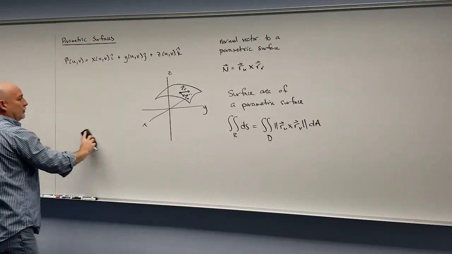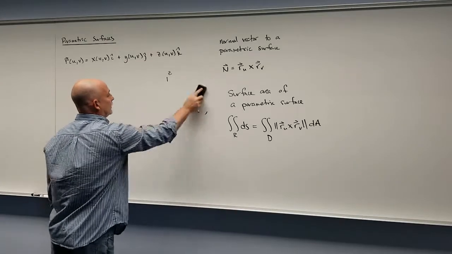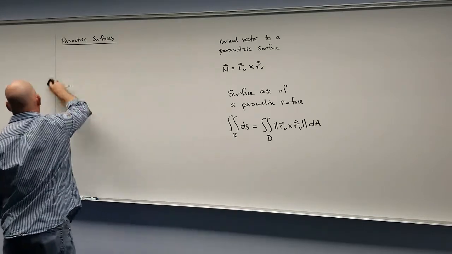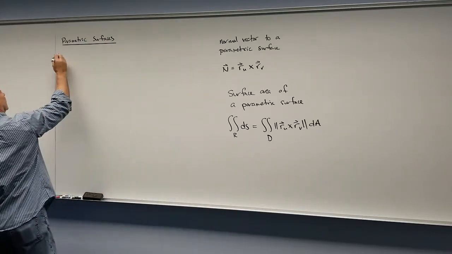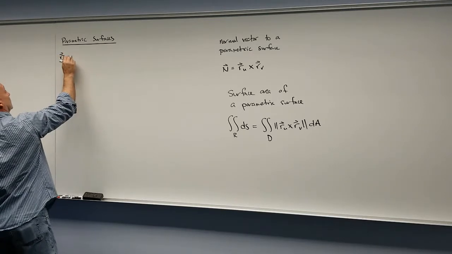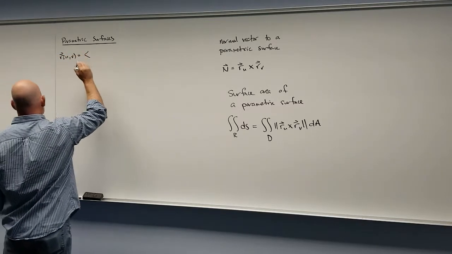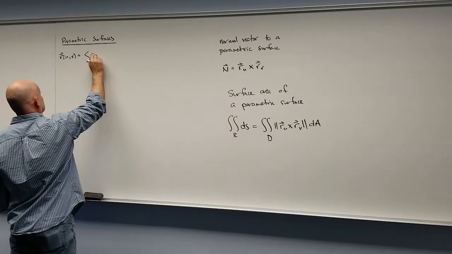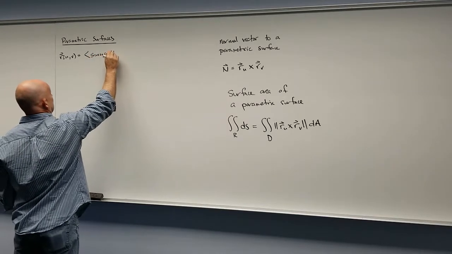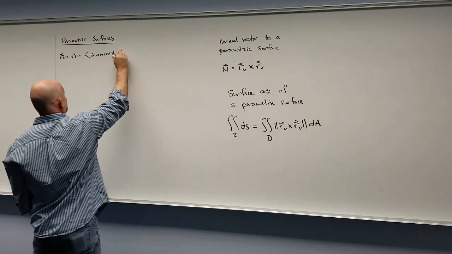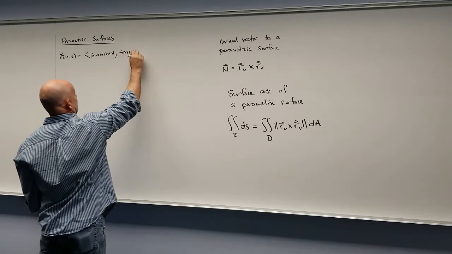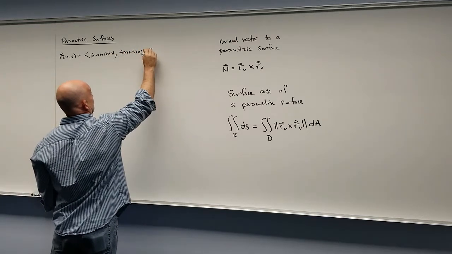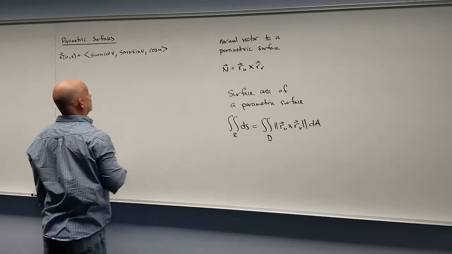So let's come up with a vector valued, parametric surface. Let's make it an easy one. r of u and v is equal to, let's do sine u cosine v, sine u sine v, and that would be cosine u then.